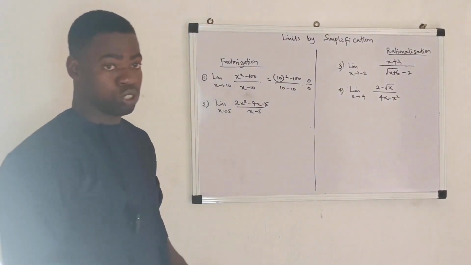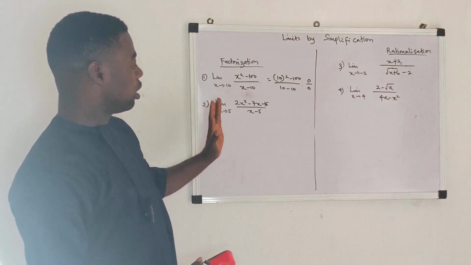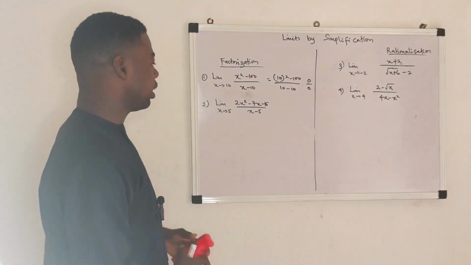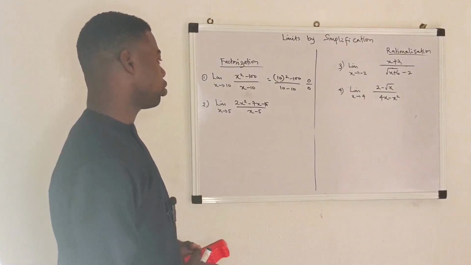For question number 2, we have the limit as x approaches 5 of 2x squared minus 7x minus 15 divided by x minus 5. Let's substitute.